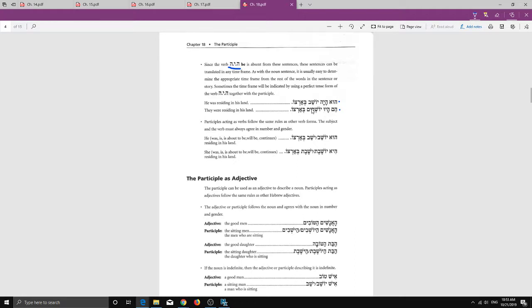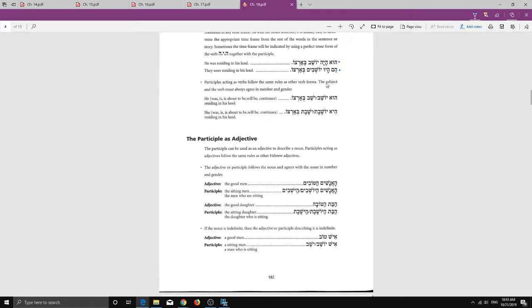They were residing in his land. Notice in English, we'll translate both of these just as residing, but they have different forms because they are matching other things in the sentence. Here the subject is singular masculine, so our participle is singular masculine. Here it is plural masculine, so our participle is plural masculine.